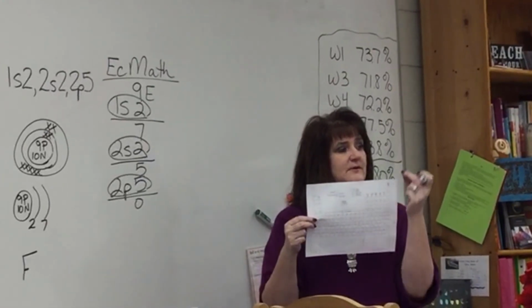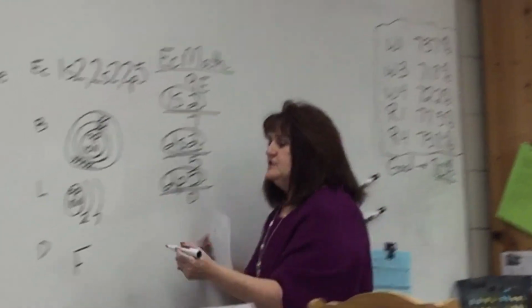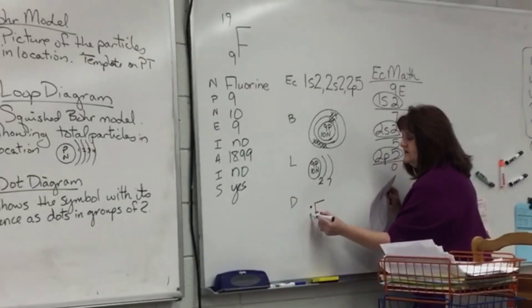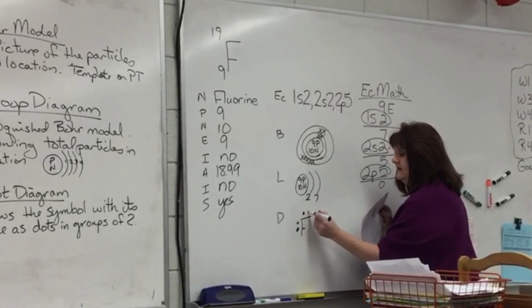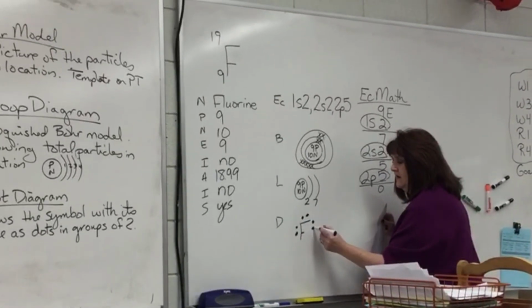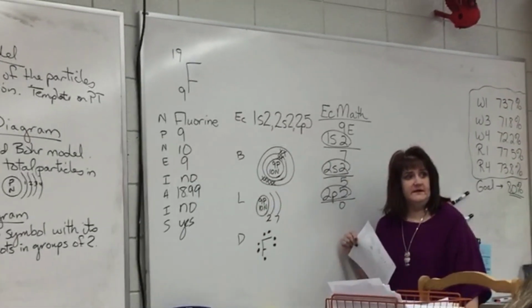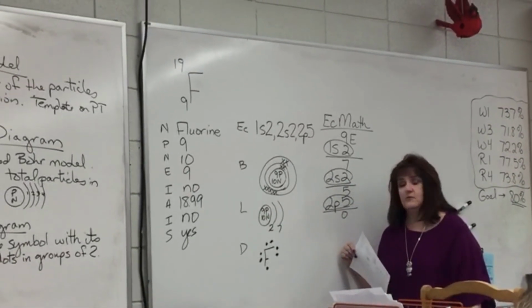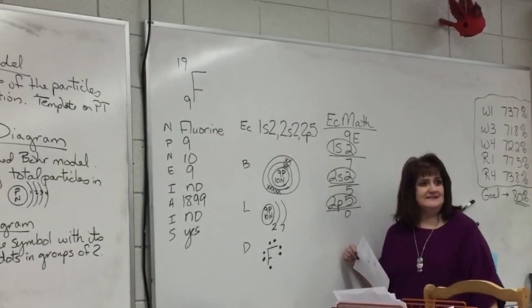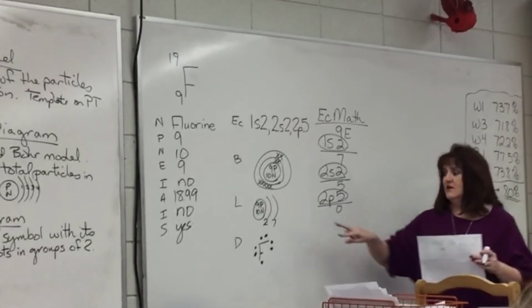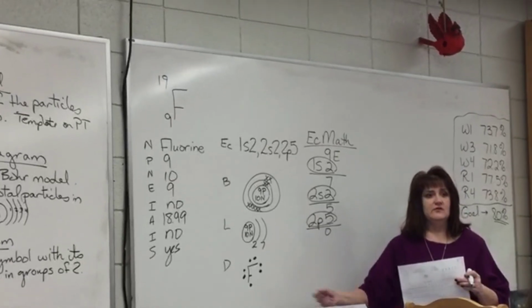And remember, they have to go in little groups of 2. So you have 7 for fluorine. Now, could they be rearranged slightly? Yes. But remember, they need to go around in little groups of 2.